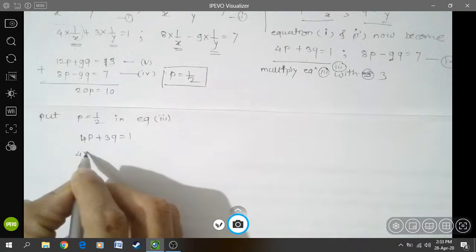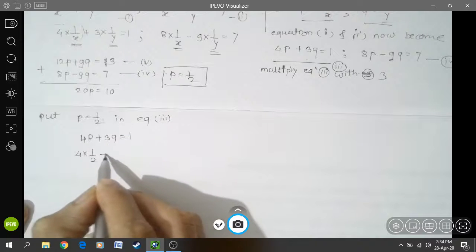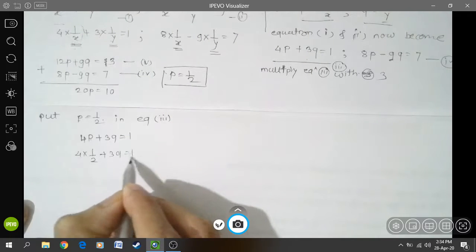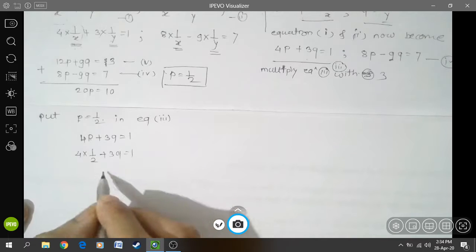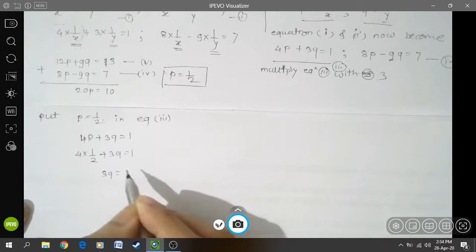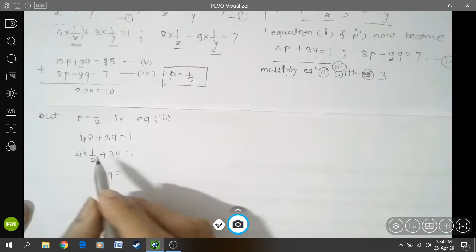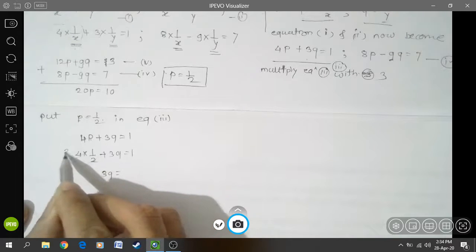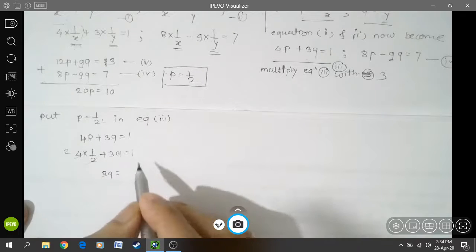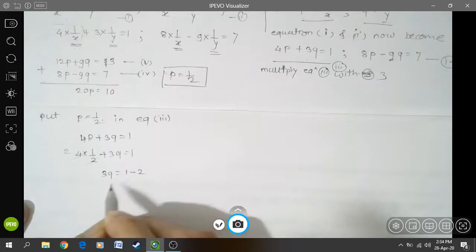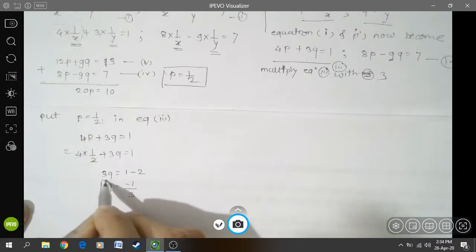So 4 into 1 by 2, I am putting p is equal to 1 by 2, plus 3q is equal to 1. Because I am going to solve it for q, I will keep 3q on one side, and the 2 will go to the other side. q is equal to minus 1 by 3.